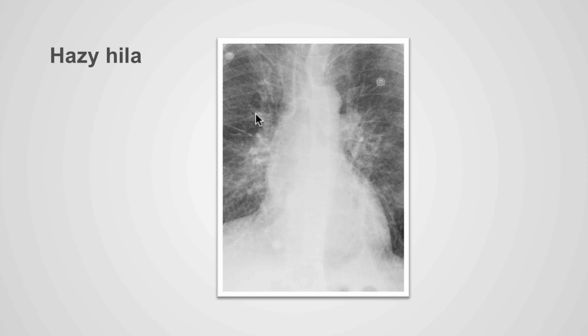We can also see that there is some thickening of the soft tissues around the bronchi, and this is a patient with interstitial pulmonary edema. And this appearance of indistinct hilar vascular markings is called hilar haze.